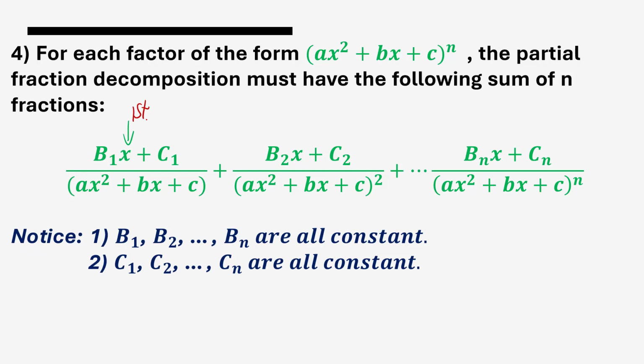And the second term is b2x plus c2 over (ax squared plus bx plus c) raised to the second power. And we abbreviate some of the terms in between, and the last term will be the n-th term.